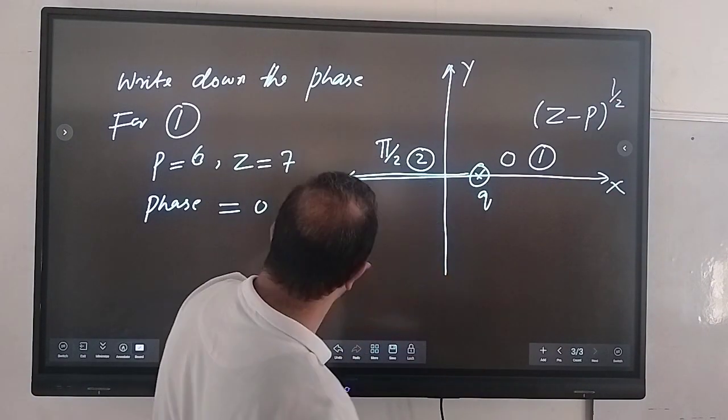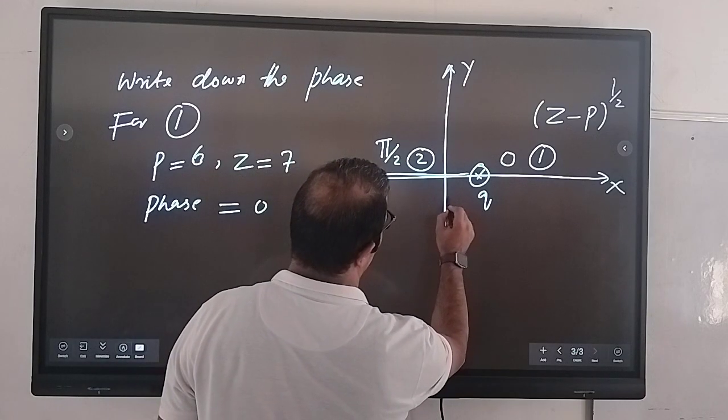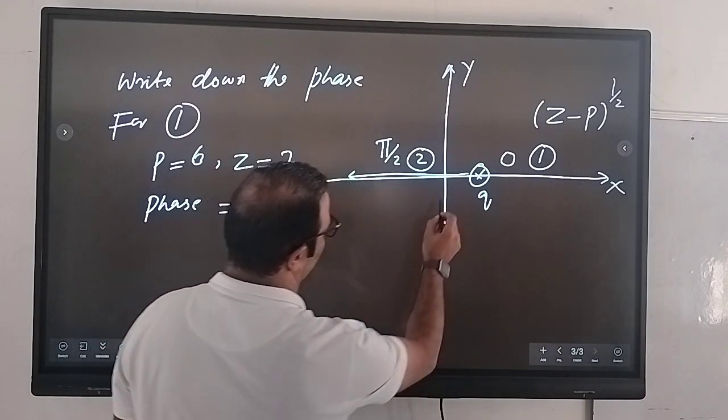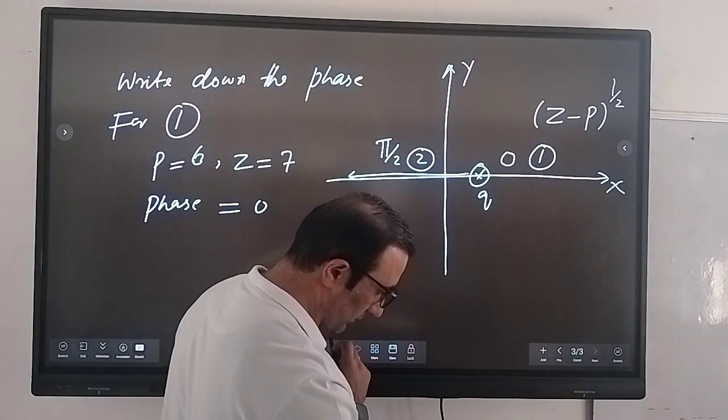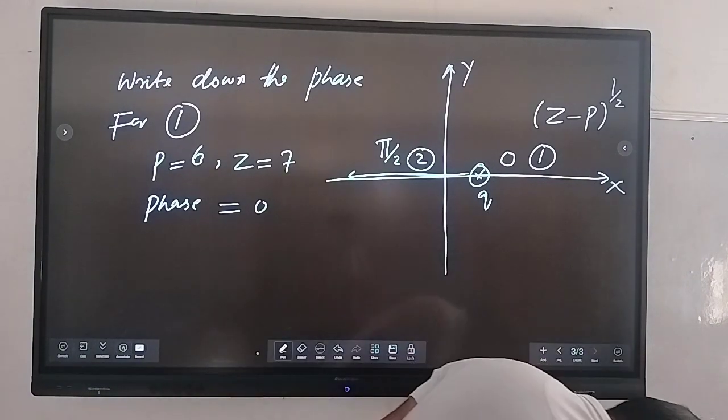And similarly, if you check the third region, that means this region, okay.